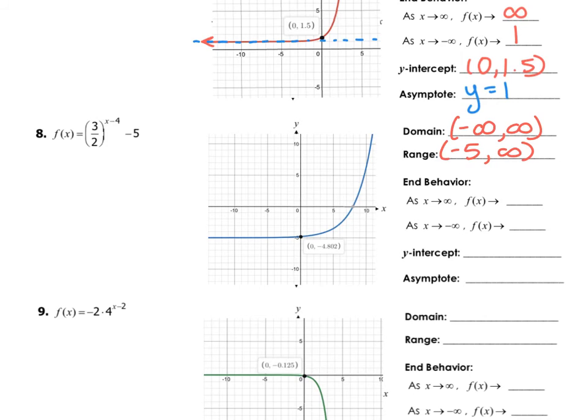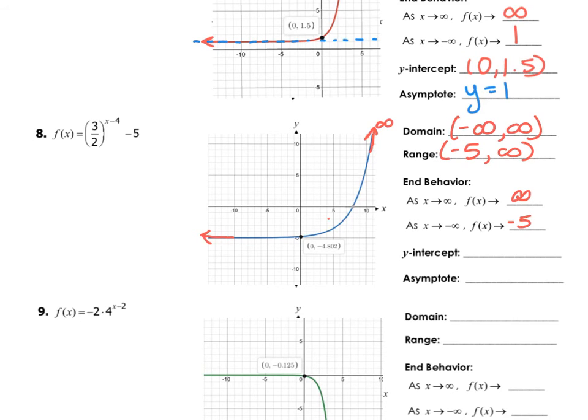As the graph moves to the right, y approaches positive infinity as well. And as the graph approaches negative infinity or moves to the left, the graph approaches the asymptote, or -5.